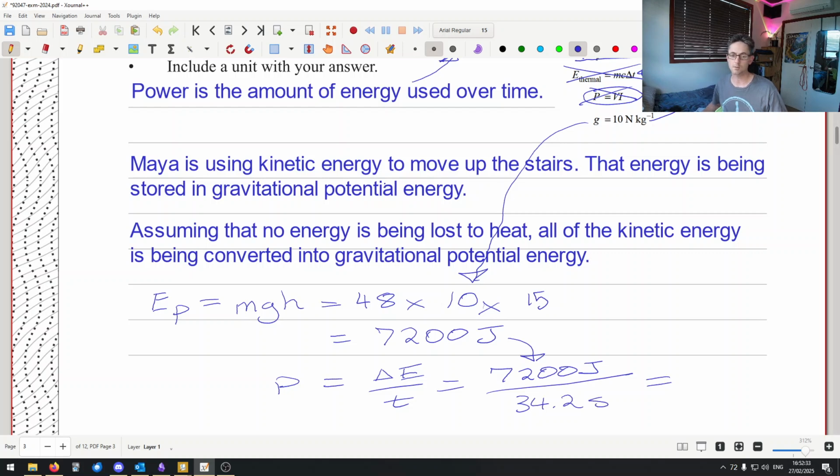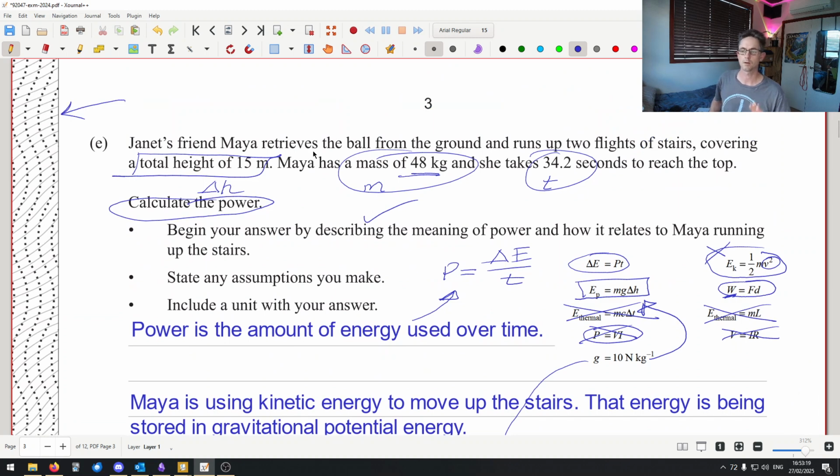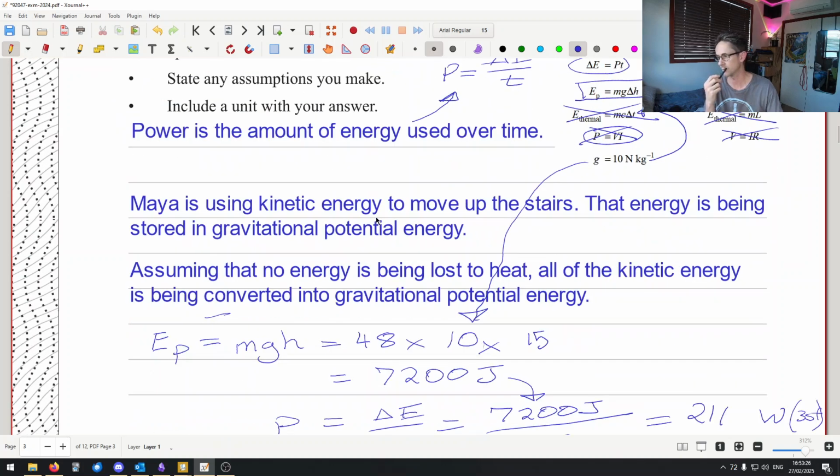So that's joules per second, but the measurement of power is in watts, that's your units, and so 7,200 divided by 34.2 is 210 watts approximately, to 3 significant figures. Oh, sorry, I think in 3 significant figures that's actually 211. And so that's question 1e of that exam, and getting all those points gets you up to the excellence level. Cool.